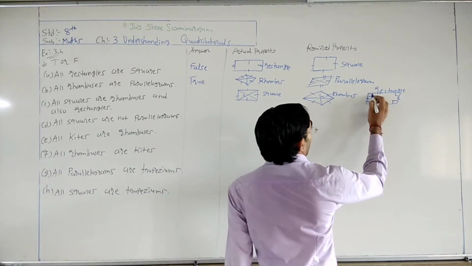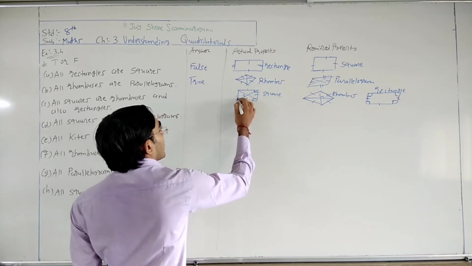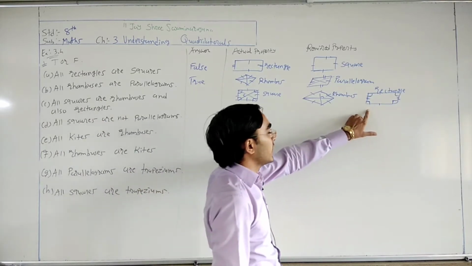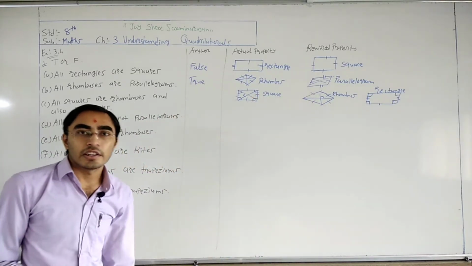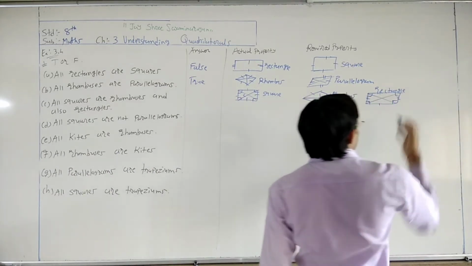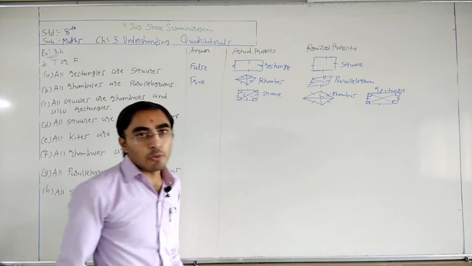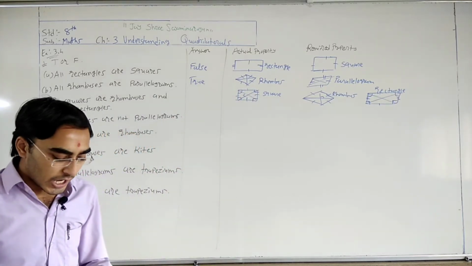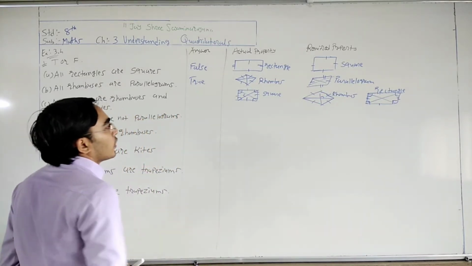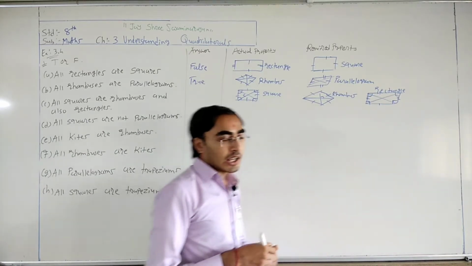Second property, all the angles are 90 degrees, and in a square all the angles are 90 degrees. Third property for a rectangle, both diagonals are equal, and in a square both diagonals are equal. That means a square follows all the properties of a rectangle. So a square follows all the properties of a rhombus and of a rectangle.